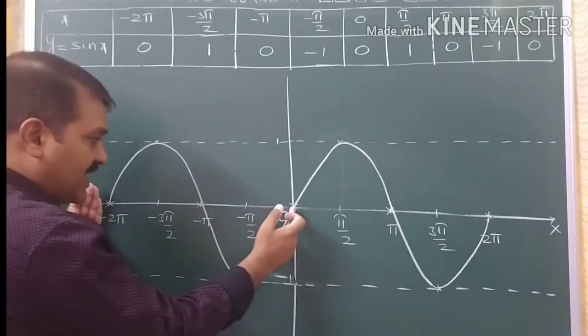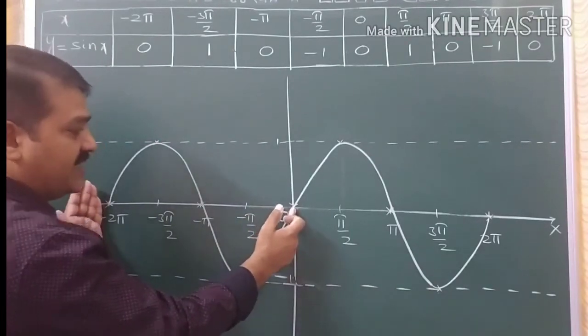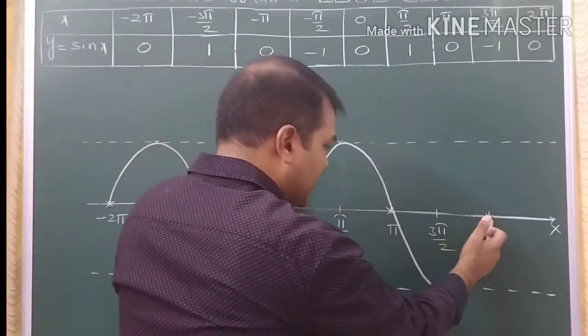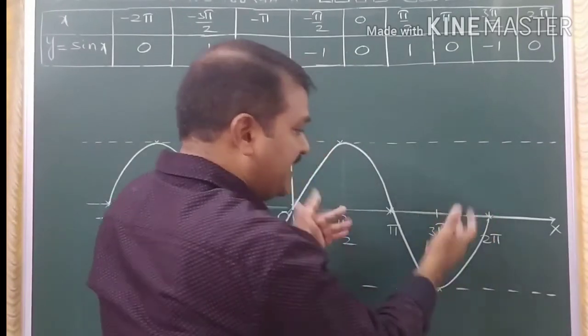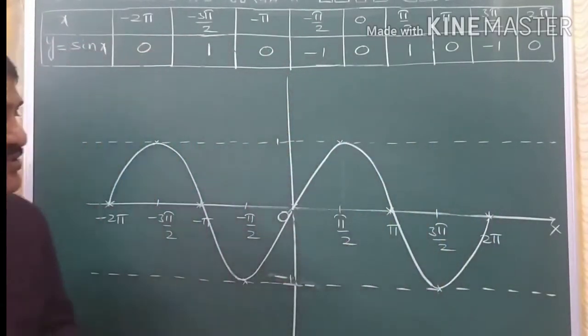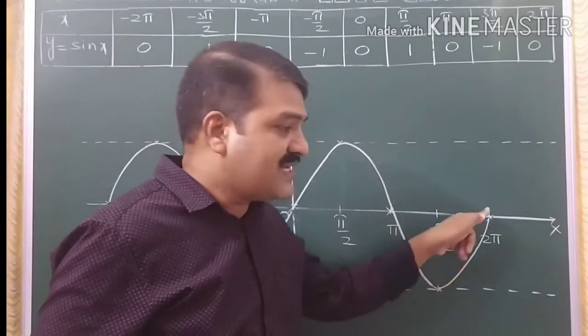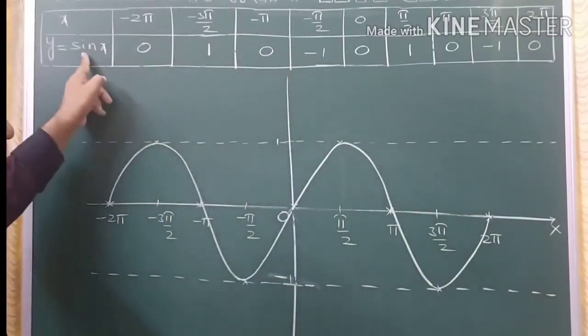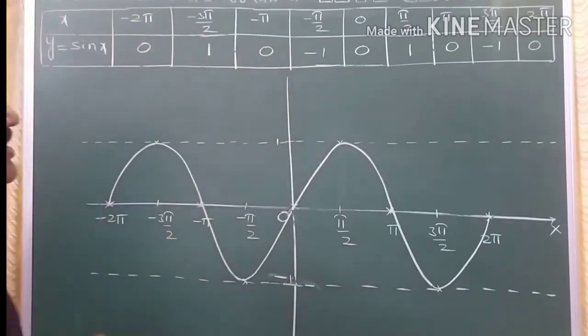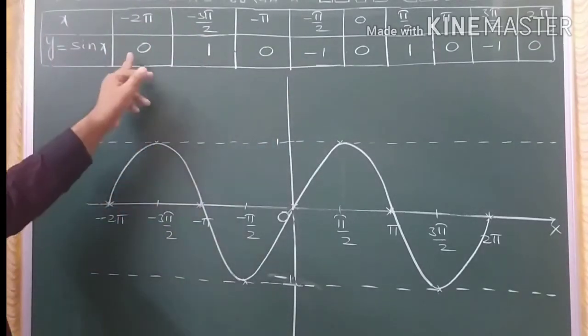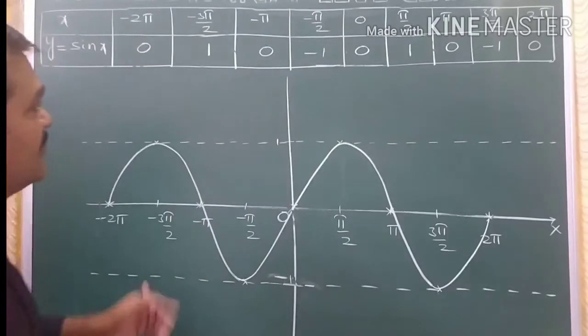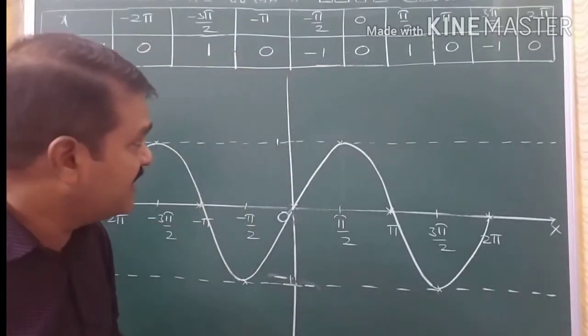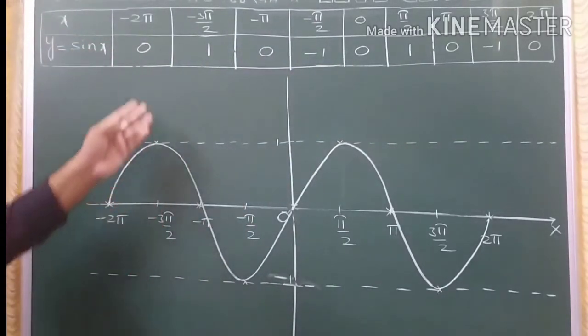So the graph is repeating means actually y values are repeating. That you can see in the values also. Between -2 pi and 0, whatever values we are getting, the same values are actually repeating.